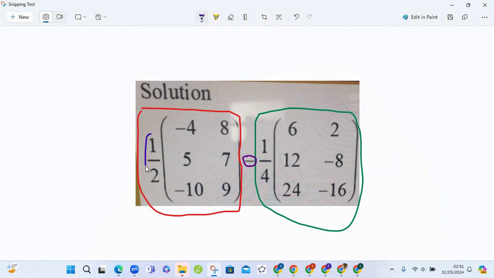So a half has to multiply to -4, sorry, it has to multiply to 8, to 5, to 7, to -10, and to 9. That's how you multiply any number to a matrix. You've got to multiply that number, be it a fraction or an integer, to each element in the matrix.